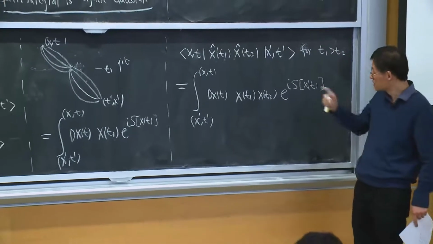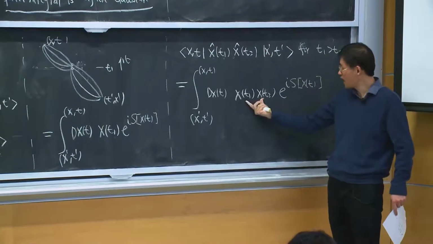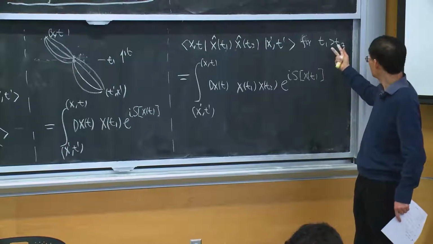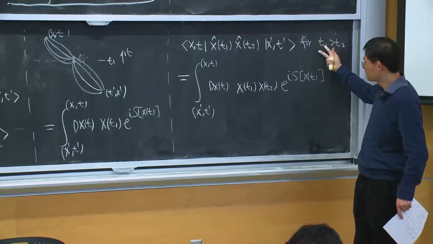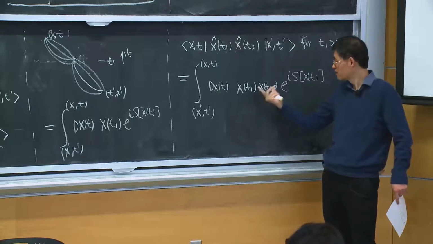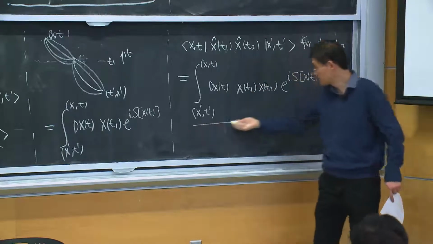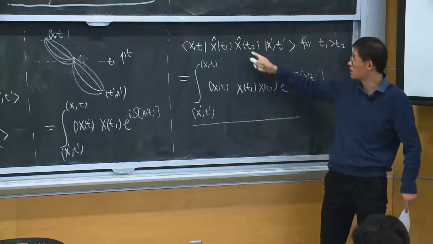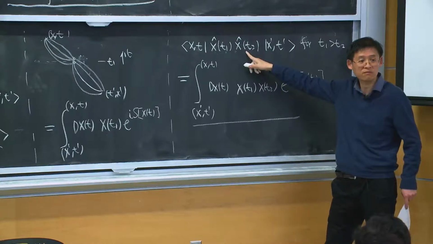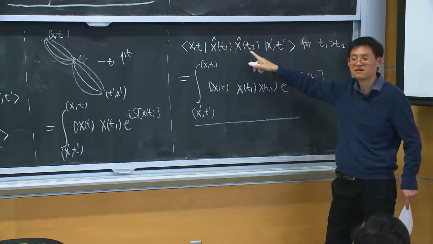But the same thing happens for T2 greater than T1. Suppose T2 is greater than T1. If you start with this expression, we can ask what the corresponding operator form would be. What do you think the operator form will be?